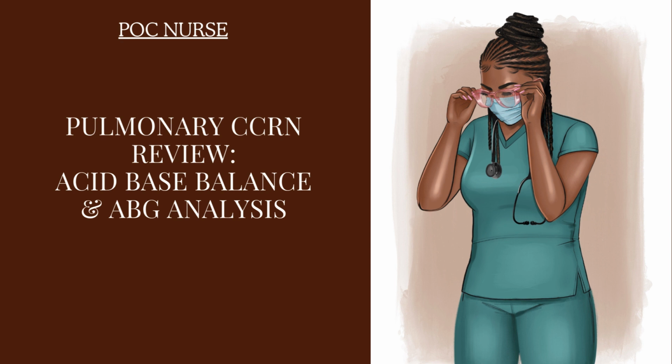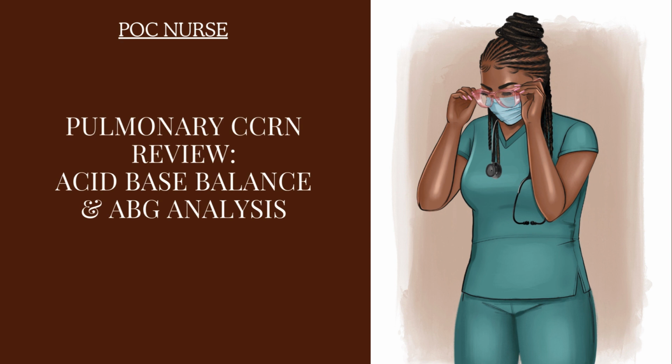Another condition is when a patient's getting a lot of saline infusion, and problems with the kidneys will also cause metabolic acidosis in the presence of a normal anion gap. In this case, we would have something like renal tubular acidosis causing metabolic acidosis when we have a normal anion gap.